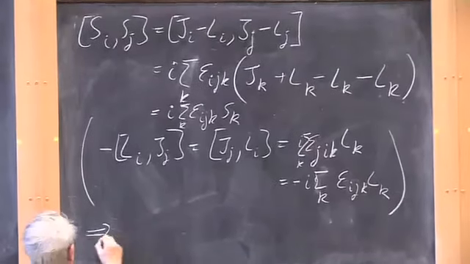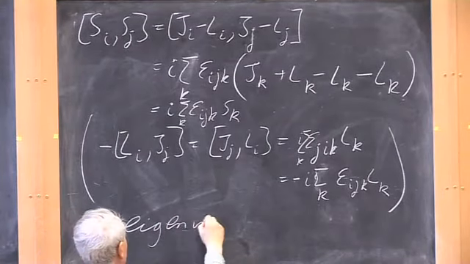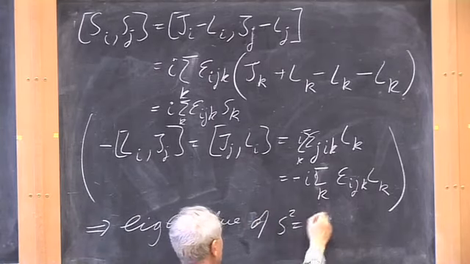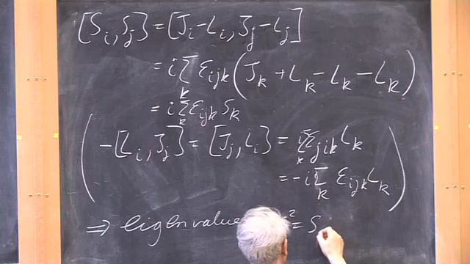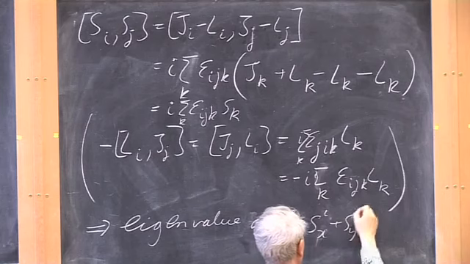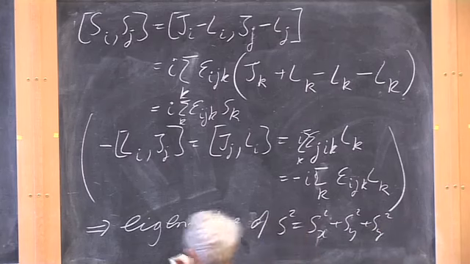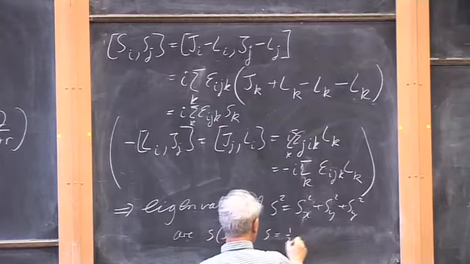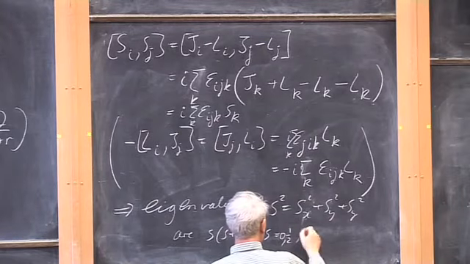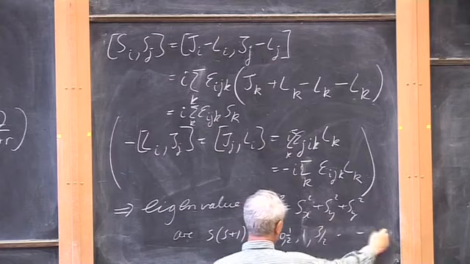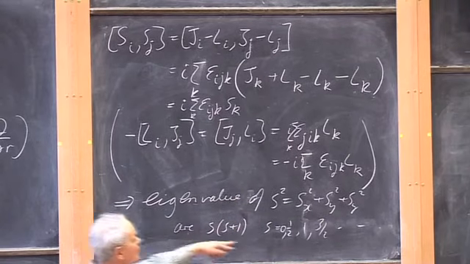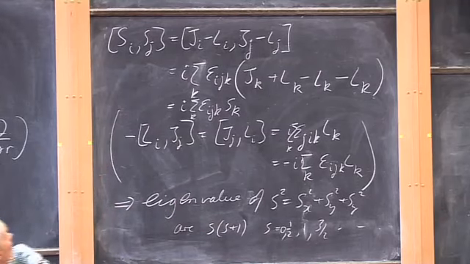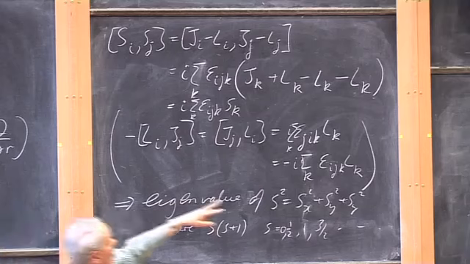So this implies that the eigenvalues of S squared, which is Sx squared plus Sy squared plus Sz squared, are s(s+1), where s is equal to 0, a half, 1, 3 halves, and so on. These results follow merely from the fact of having the commutation relations [Si, Sj] = i epsilon ijk Sk.